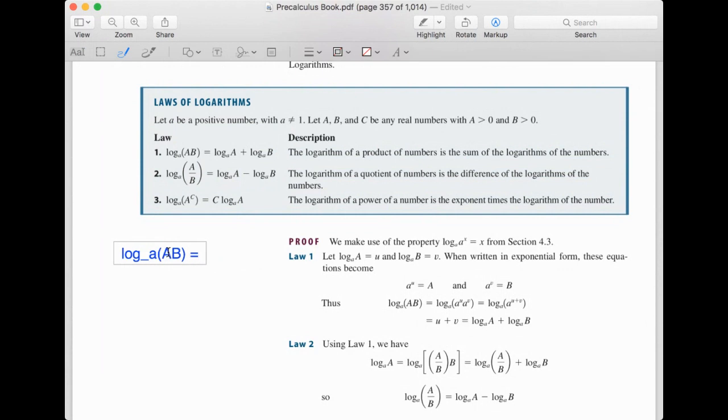Let's say this is equal to y, some variable. Then we can rewrite this as a raised to y equals AB. We can write it in this form.